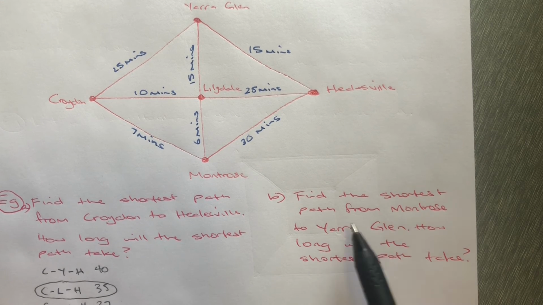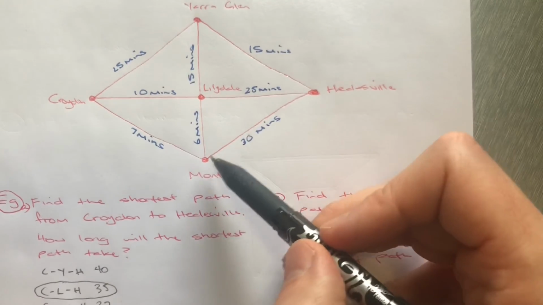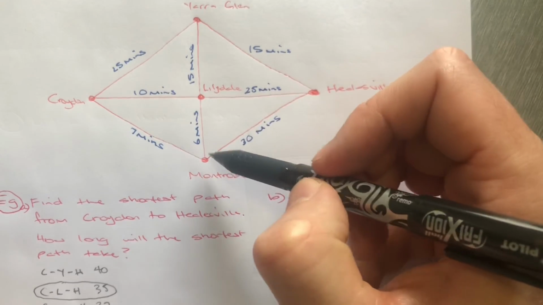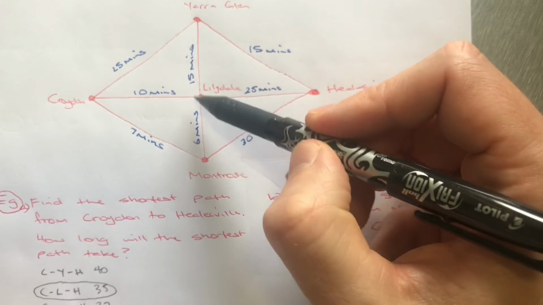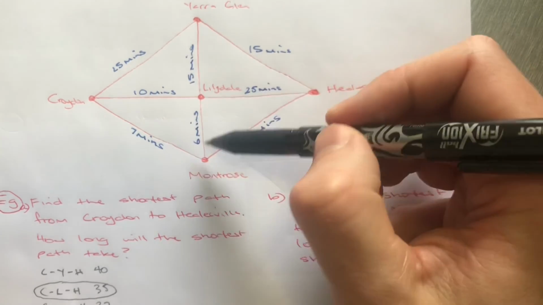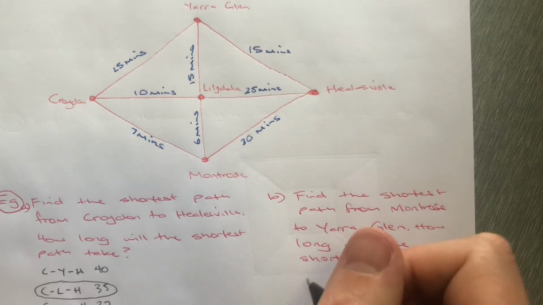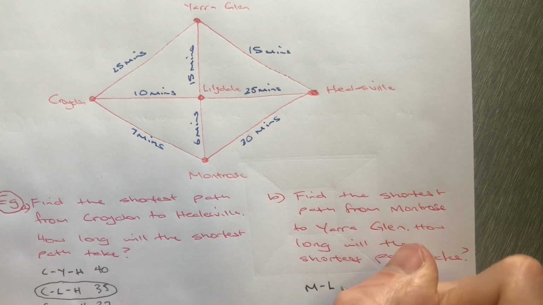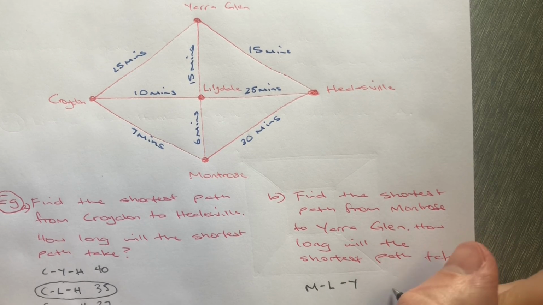We want to go from here to here. If I go that way, it's going to be 45 minutes. If I go that way, it's going to be 32 minutes. If I go that way, it's going to be 21. So obviously I want to go the shortest, which is that way there. So the shortest path is from Montrose to Lilydale to Yarra Glen, and that's going to take 21 minutes.